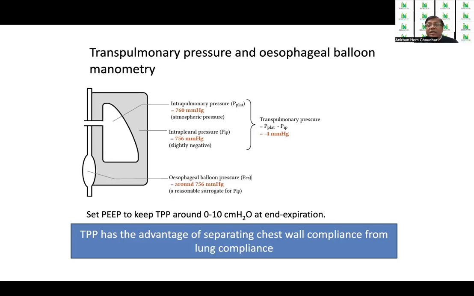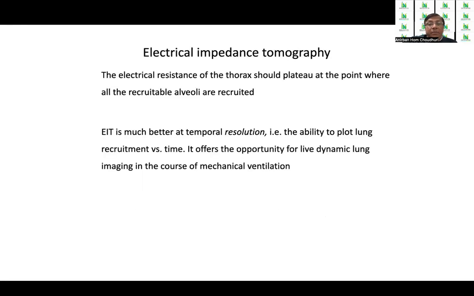So if we are guiding the level of recruitment on the basis of transpulmonary pressure, say in a very big, very hefty patient with a thick, heavy chest wall, although the compliance of the lung may be normal, the respiratory system compliance will inadvertently show very high. But if you see the transpulmonary pressure, you can actually measure the required PEEP.